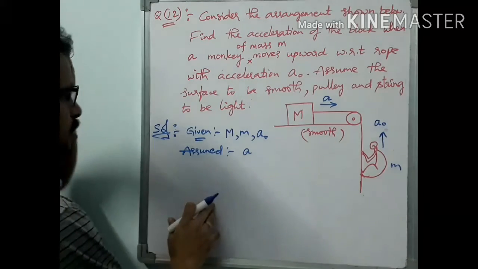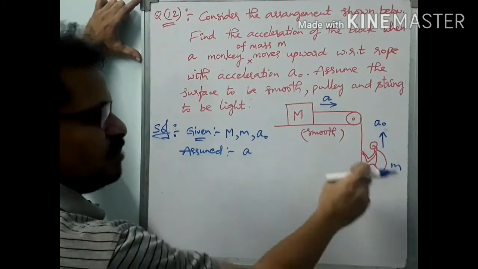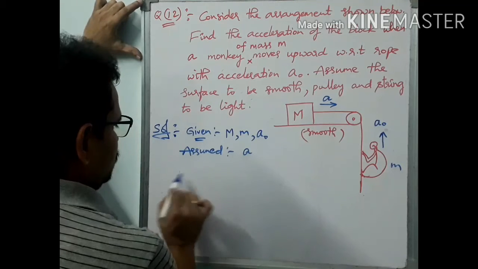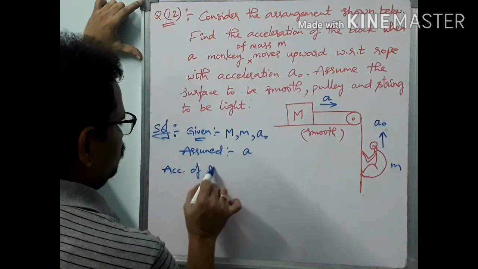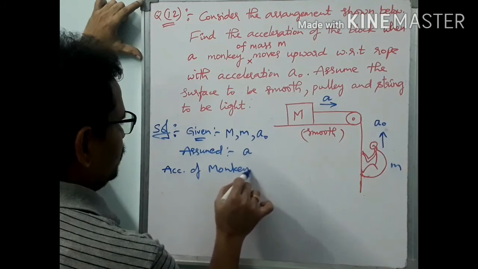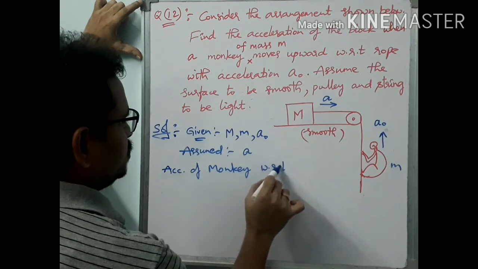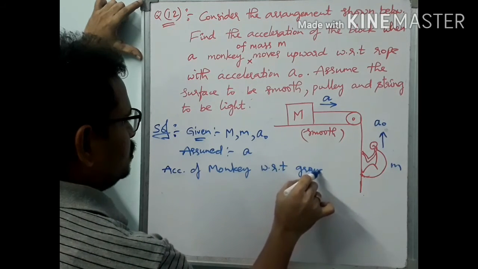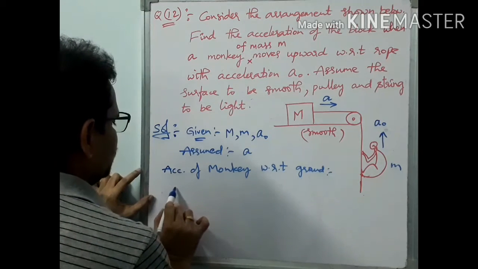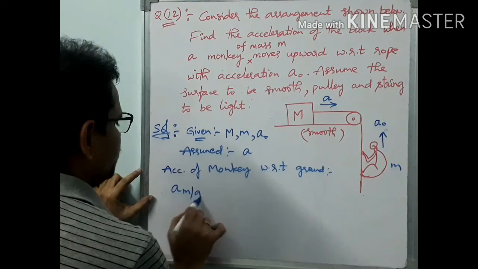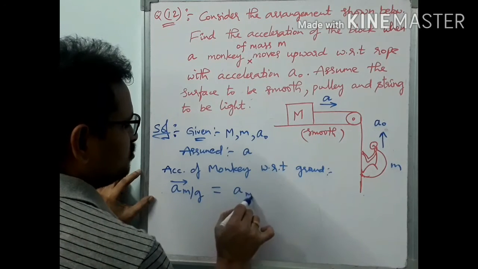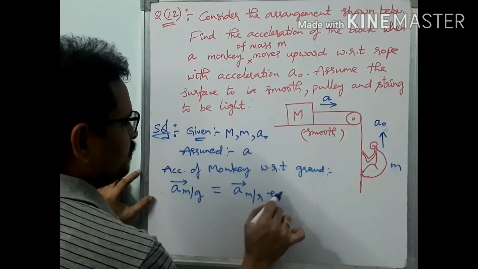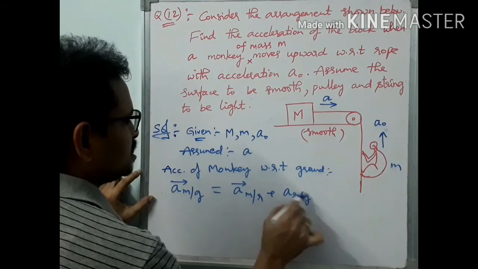See now, let us express acceleration of monkey with respect to ground. So acceleration of monkey with respect to ground equal to acceleration of monkey with respect to rope plus acceleration of rope with respect to ground.